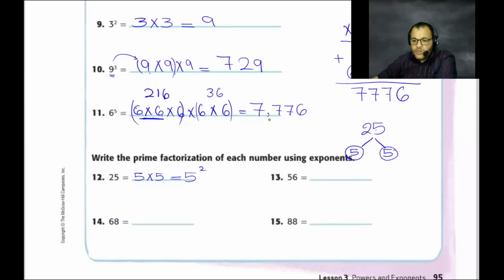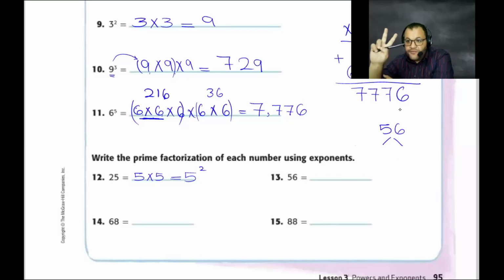So, Walid, can you solve with me question number 13? We need 56. We need to write its prime factorization at the first. After that, as 25, I wrote it as 5 times 5. After writing that, now we need to write it as an exponent.